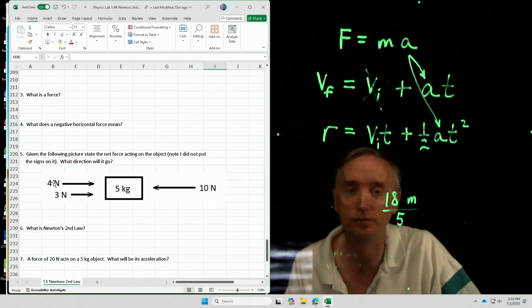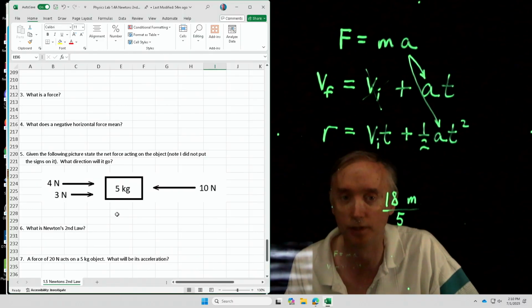Question 5, so we're going to add the forces together on this box. I did not put the negative signs on there. So some of these numbers ought to have a negative sign on them, and others are going to have positive signs. So you add and find the total force acting on this 5 kilogram box.